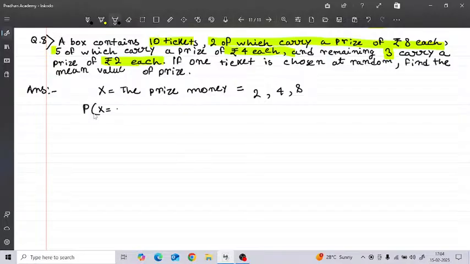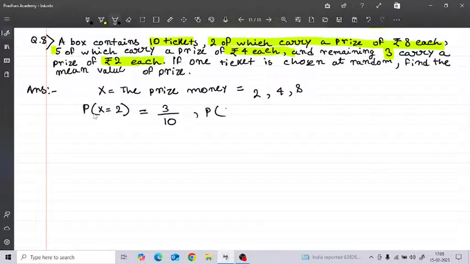Probability of x equals 2: there are 3 tickets out of 10 which carry the prize of rupees 2, so the probability of x equals 2 is 3 by 10.